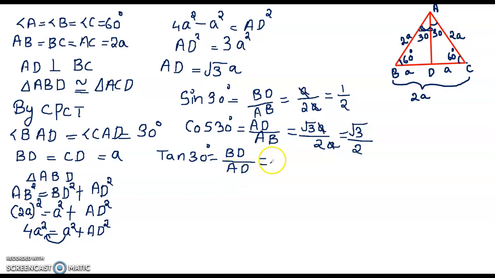BD by AD, which is equal to BD is A divided by AD, which is root 3A. Again cancelling, I got tan 30 is equal to 1 by root 3.